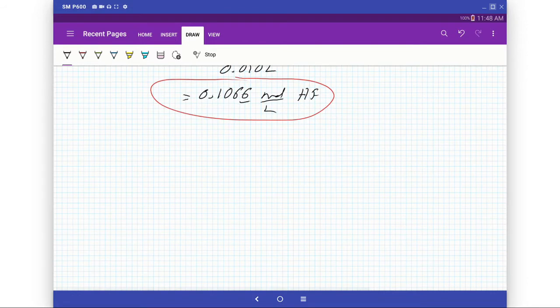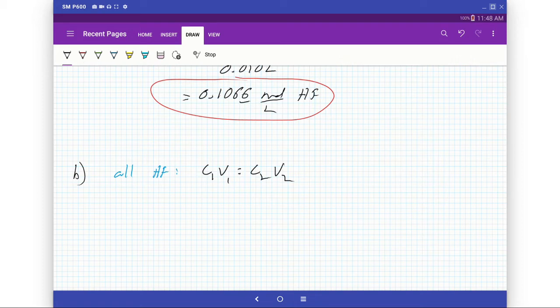Part B is to determine the volume of concentrated acid that was spilt. Because we're working with all HF, we can use the equation C1V1 equals C2V2, because the number of moles of HF is the same on the left and the right hand side.